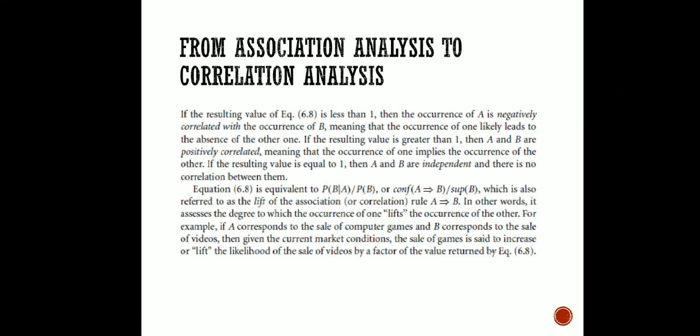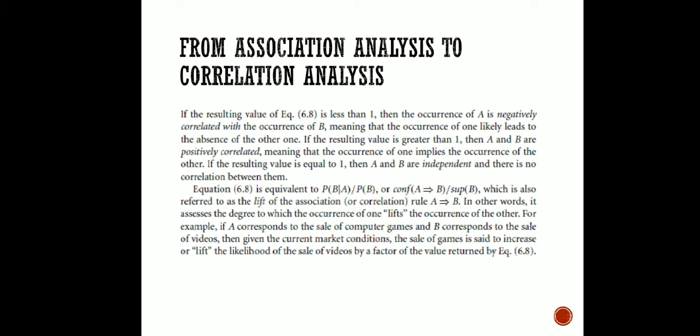Let us see how we are going to find out which rule to incorporate and which not. If this equation, equation 6.8, the equation of lift, is less than 1, then the occurrence of A is negatively correlated with the occurrence of B. It is totally acting like the rule of correlation. When we were finding the correlation between two different item sets, if the correlation comes to be lesser than 1, then they are negatively correlated.